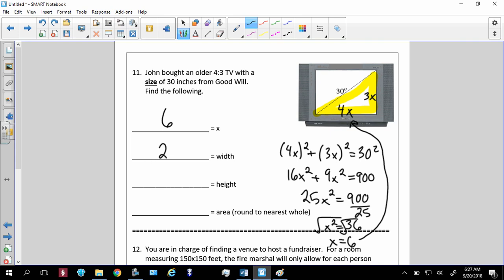So the width ends up being 24. The height, again, take 6, plug it in for x. That ends up being 18. Find the area, that's another width times height situation. So 24 times 18 is 432. All right, there we go.